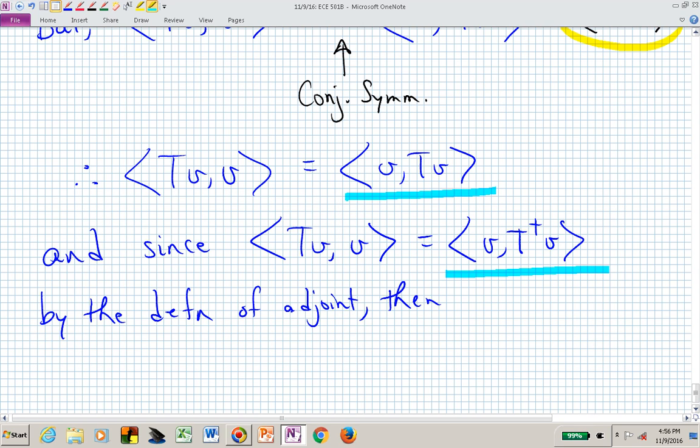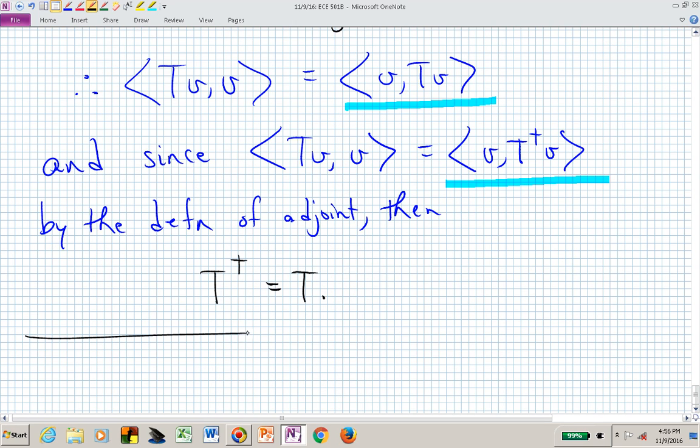And if the right-hand sides in the last two lines are equal, that's saying then that T† equals T, or T is self-adjoint. Meaning, on a complex inner product space, if we know that the inner product of TV with V is real, we know that T is self-adjoint. That's what we're stating.